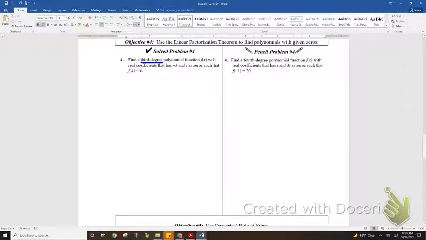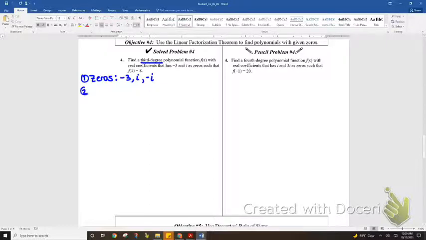So the first thing you need to do is figure out what your zeros are. So they told us that our zeros were negative 3 and i, and because positive i is there, so is negative i. So if I'd had 2 plus i as a 0, then 2 minus i is also a 0, okay? They come in conjugate pairs.